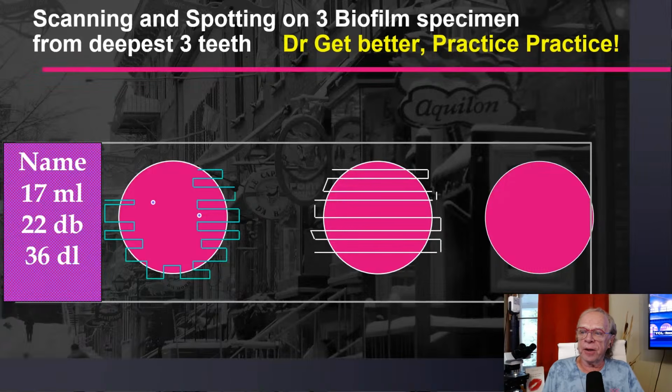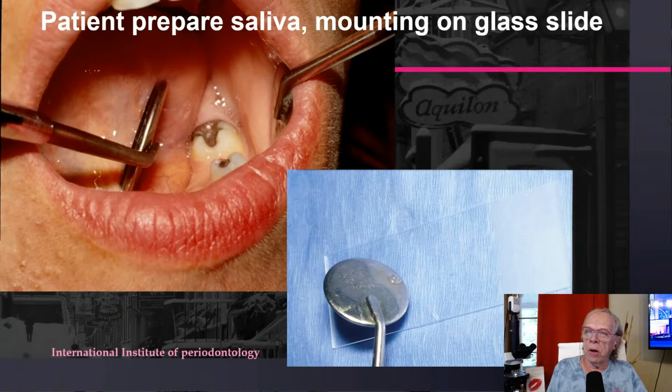We put them on the slide, and then we search around this biofilm, and with low power you find the amoeba, you find the nest, and then you go from there. The worst thing you see on the slide is what you have in the mouth.